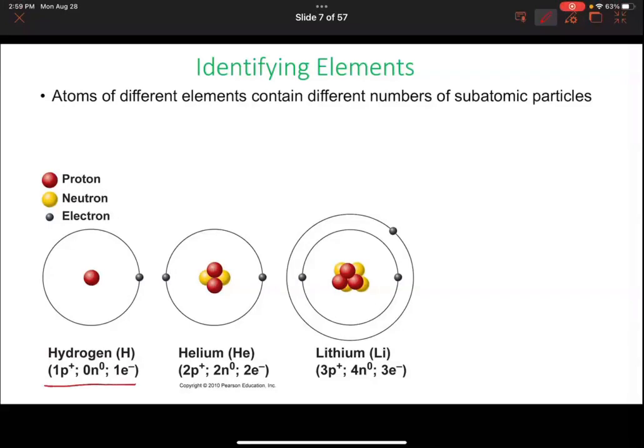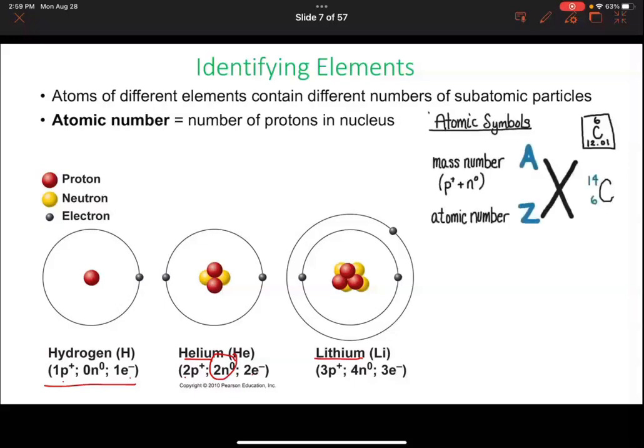So it's neutral because the positive charge and the negative charge cancel each other out, but it has no neutrons. When you add a proton and an electron, but then also add 2 neutrons, you get helium. Lithium is composed of 3 protons and 3 electrons and 4 neutrons.